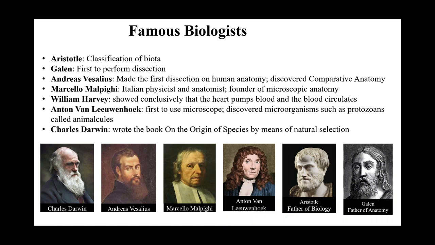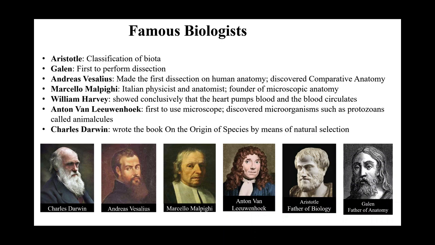We have Marcello Malpighi, after whom the Malpighian tubules of the insect body have been named, and he was the founder of microscopic anatomy. William Harvey showed that the heart pumps blood and that this blood is involved in circulation.